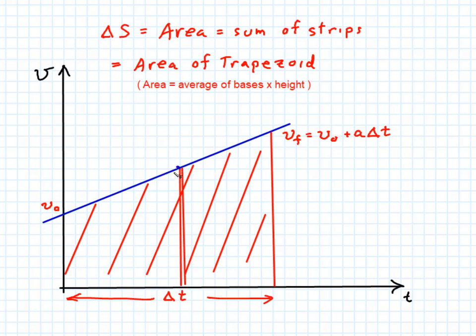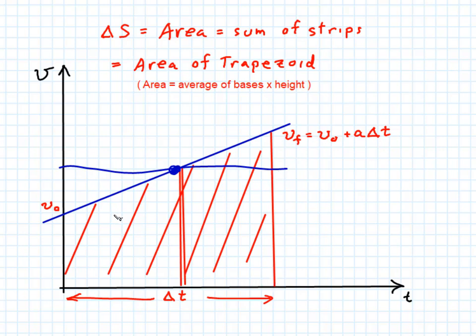So that's like saying if you knew the height here, you could just take the average of these two parallel sides. The bases are the parallel sides. And so that's like putting this area down here and making a rectangle out of it, right? So the average of the bases times the height, in this case it's on its side, so the height is sideways. So it's going to be the average of these heights times this gap here.